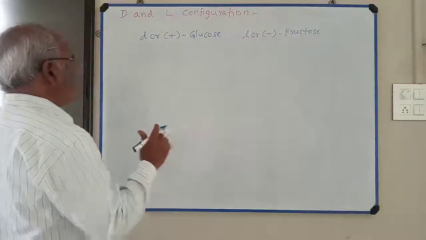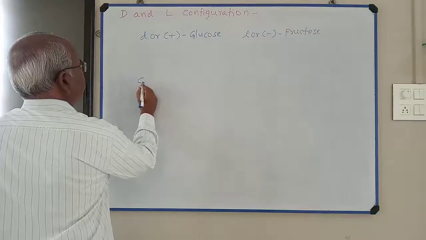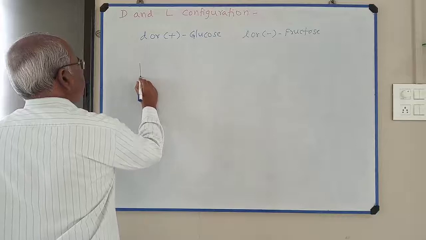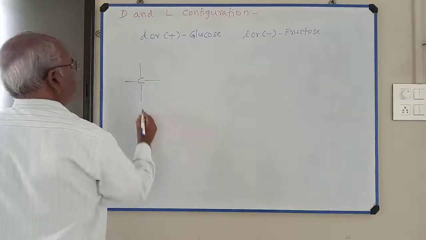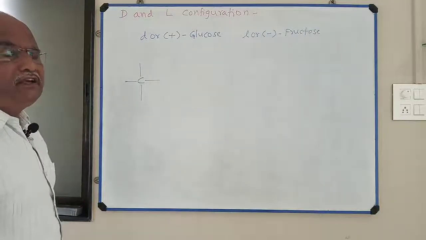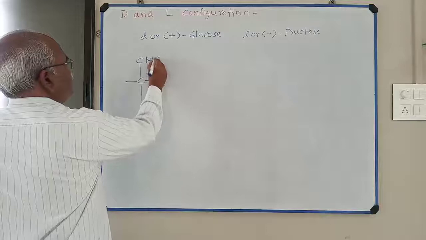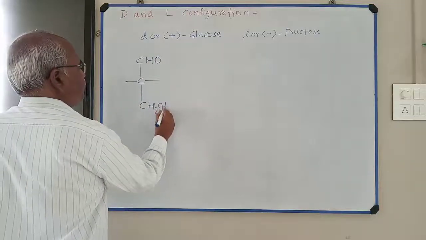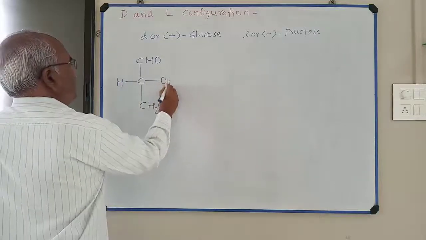So the simplest example I am going to take here. This is a carbon atom. You know that carbon is tetravalent. Here is CHO group, here is CH2OH, hydrogen and OH.